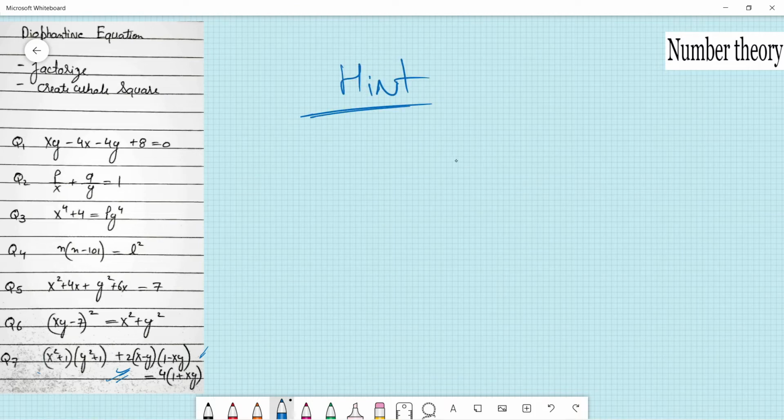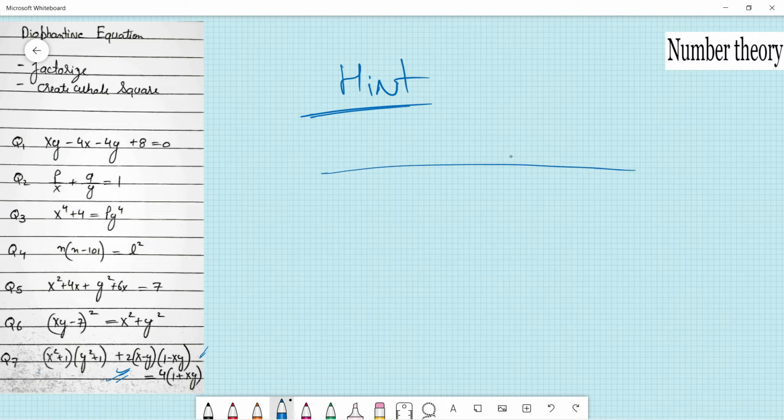The hint is this. What I did was I tried factorizing it. I brought these terms on the left hand side, kept the number on the right hand side as usual, then tried to see, can it be factorized?